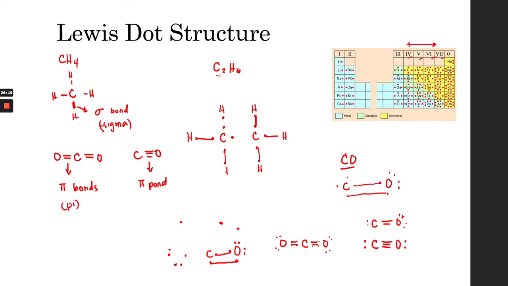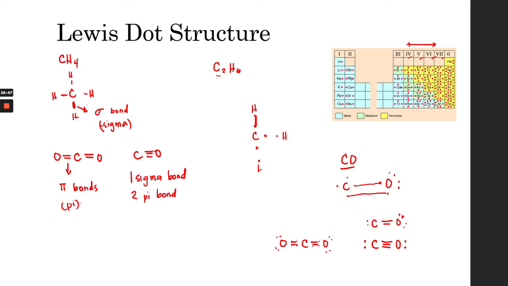So if you have CO or carbon monoxide, you have one sigma bond and basically two pi bonds, because you have one and then you have double, that makes one pi bond, and then the triple becomes another pi bond. So you have one sigma bond and two pi bonds. So that's basically what we call the number of bonds in our Lewis structure.